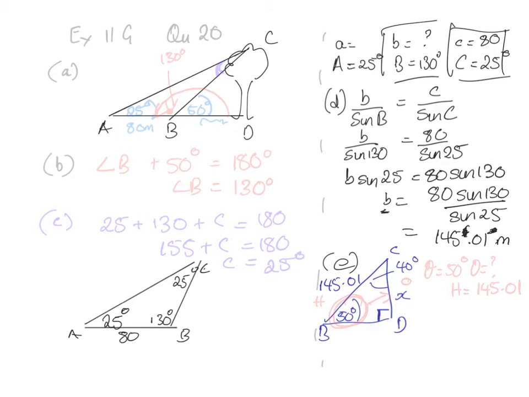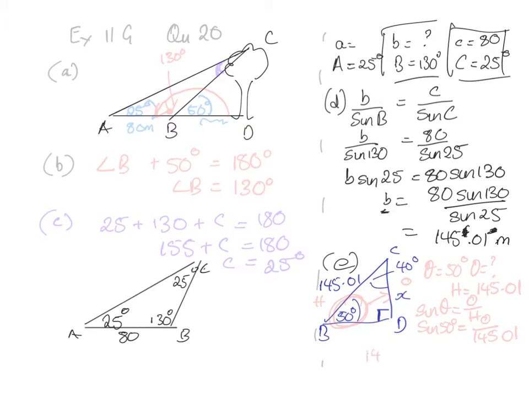So what do I use? Sine, cos, or tan. So it's SOH, sine theta equals opposite over hypotenuse. Sine of 50 degrees equals opposite over 145.01.